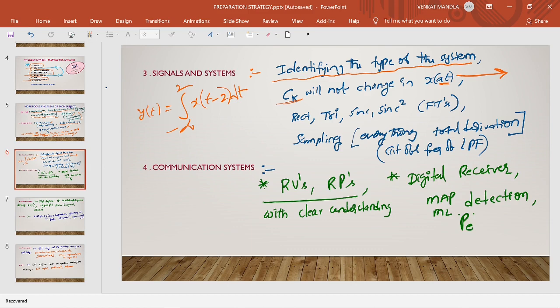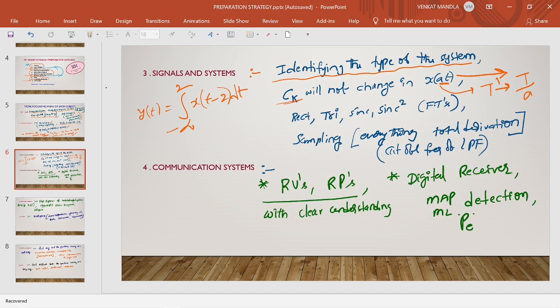On scaling, the exponential Fourier series coefficient is not going to change. Only the time period will change. Let us say the time period T dash equals the initial time period divided by a. The frequency will be multiplied, f into a. That is from Fourier series.